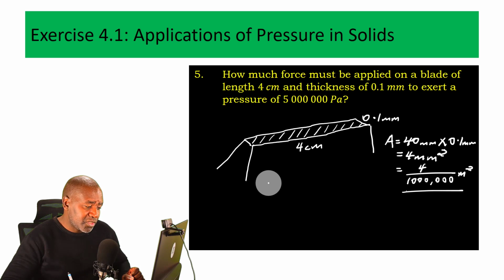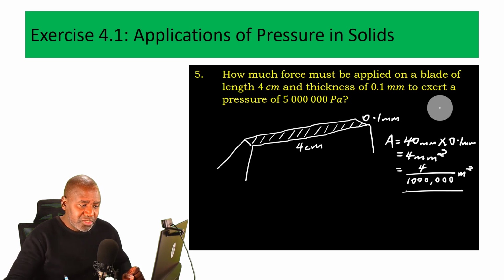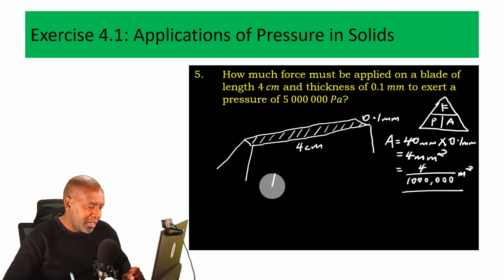So when it comes to working out the pressure, remember that triangle that I just taught you previously, that when you divide force by area, you get pressure. So if we are looking for force, we cover force with our hand, and therefore force becomes pressure times area.